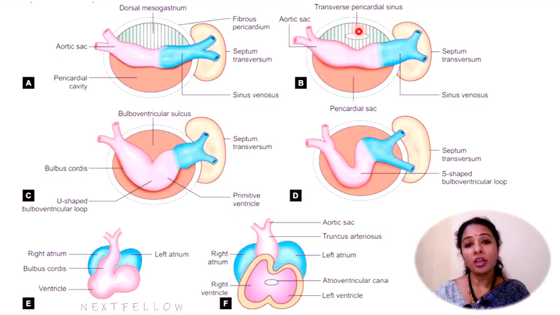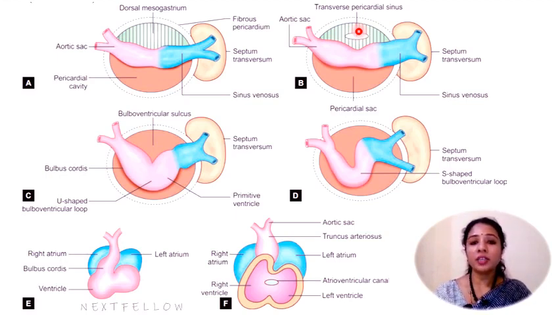Talking about the left horn of sinus venosus, it forms the coronary sinus, which opens into the posterior wall of the right atrium. The superior vena cava and inferior vena cava develop from cardinal veins and open into the right atrium.